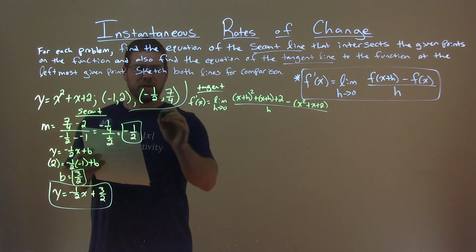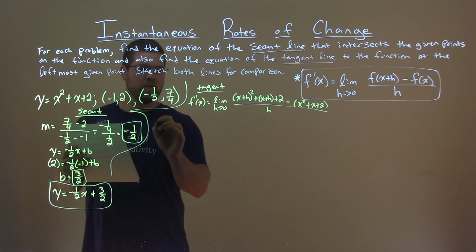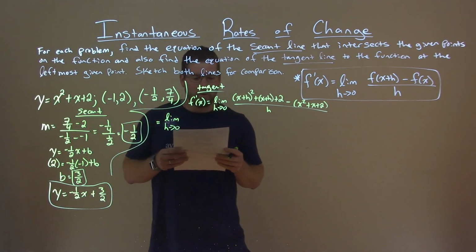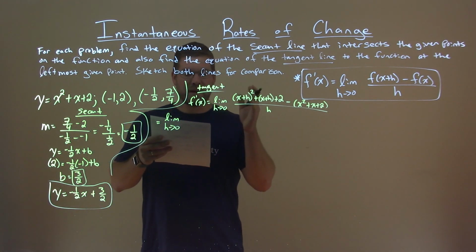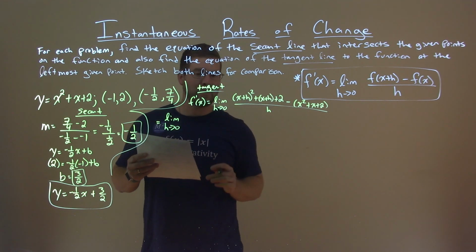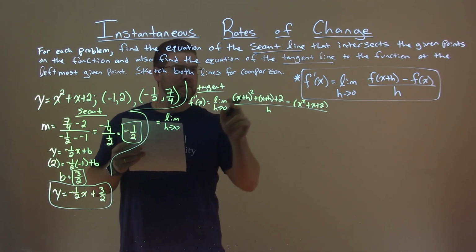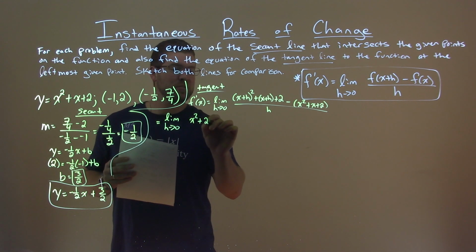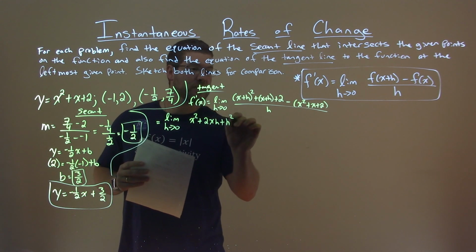Let's simplify that. The limit as h approaches 0, what we're going to do is multiply a whole bunch of stuff out in that numerator. So (x plus h) squared comes out to be x squared plus 2xh plus h squared.